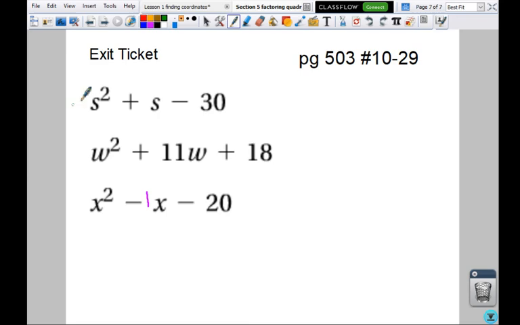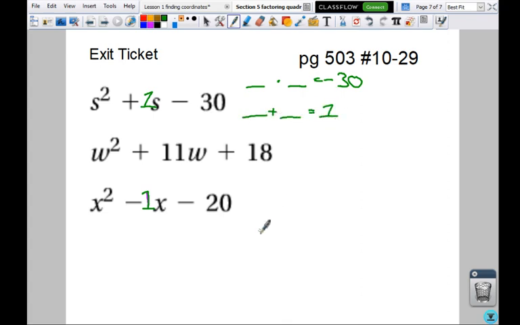What is the coefficient? It's 1. If you don't see anything, it's automatically a 1. So there's a 1 here, and a 1 there. So it has to multiply to negative 30, but also add up to 1. Since they multiply to be negative, one of them is going to be negative.